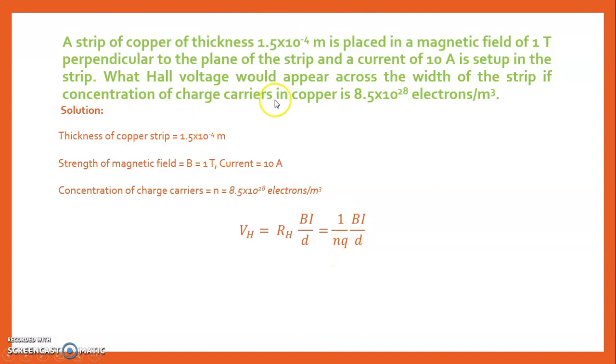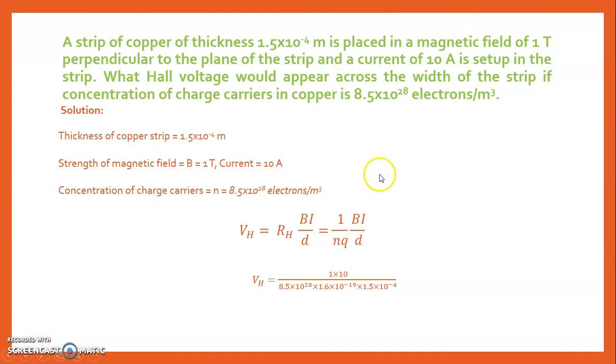Because in this numerical the Hall coefficient is not mentioned. So we have to calculate the Hall coefficient ourselves, because here N, the charge concentration, is given, and the value of charge, either Q or E, we already know.